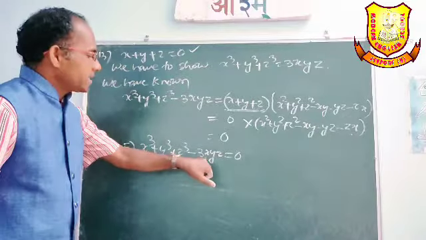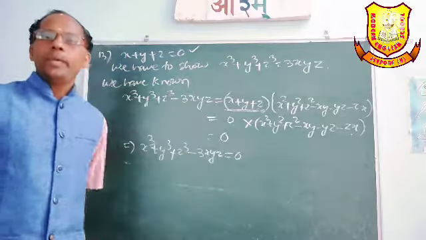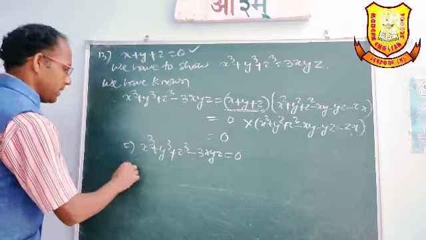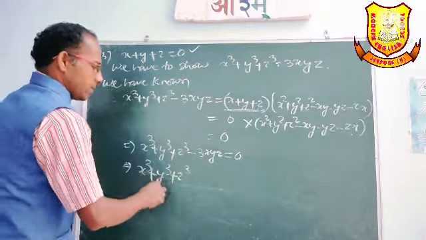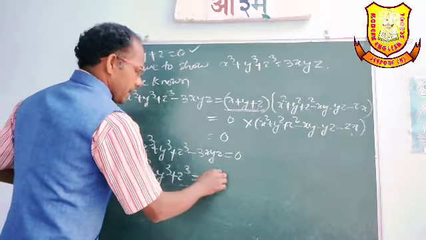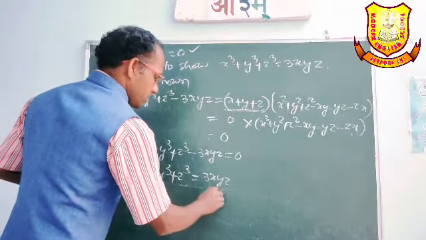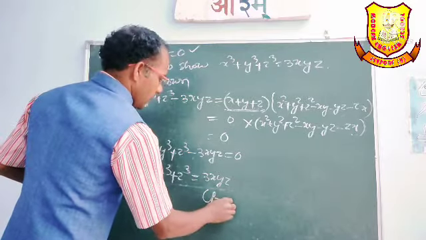So minus 3xyz will go that side, it will be plus, which implies that x cube plus y cube plus z cube equal to 3xyz. It is proved.